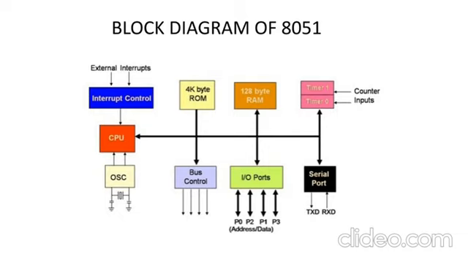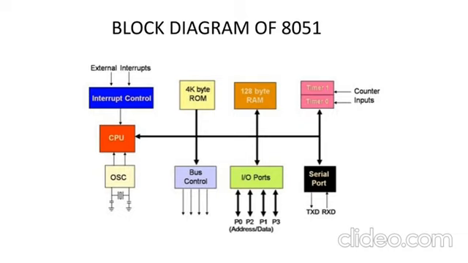Next you have interrupt control. I said we have two external interrupts, so those pins are connected to this interrupt control. Next we have bus control. First of all, what is a bus? A bus is nothing but a collection of wires together.